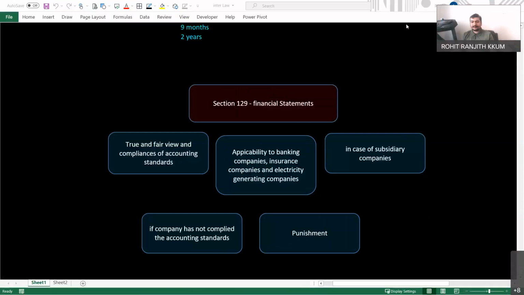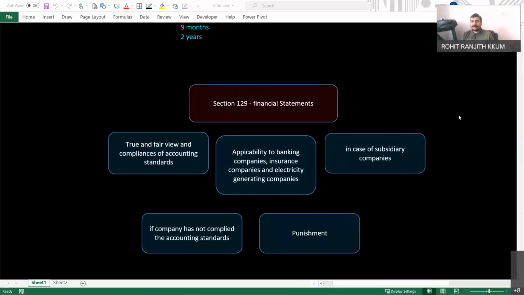If you look at that now, technically the concept of these two sections is almost similar. Yes, now I have shared it.